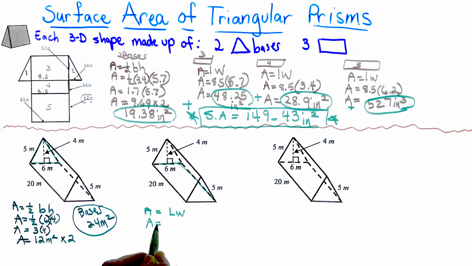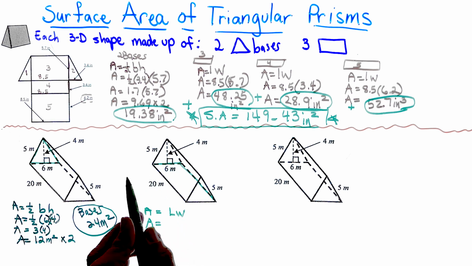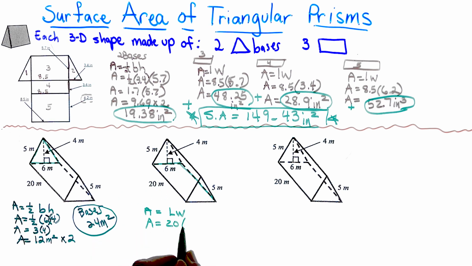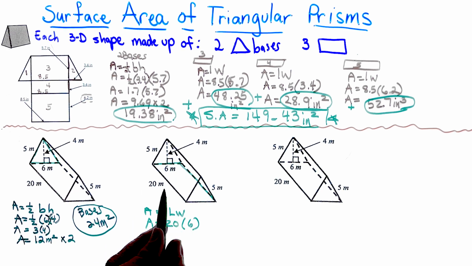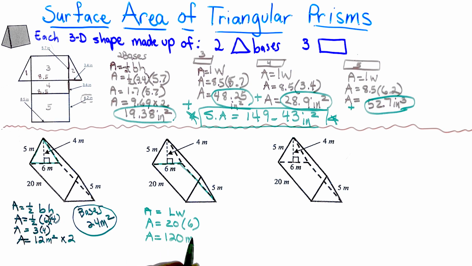So area is equal to the length is 20. The width of it is 6. So for this one rectangle, we have area is equal to 120, and that is meters squared. So here is our second part.